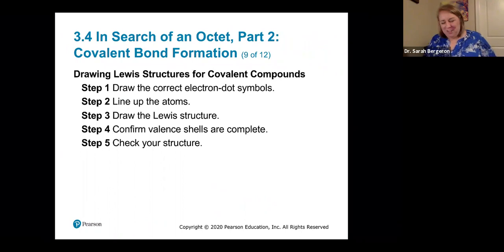I'm going to teach you a slightly different way, but I'll show you both ways. So you're going to draw the electron dot symbols. Then you line up the atoms and you see what pairs, and then you confirm that you have complete valence shells. And so it's just making sure that those lines are from 2 shared electrons.